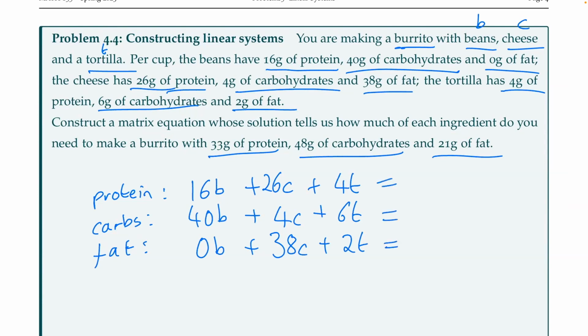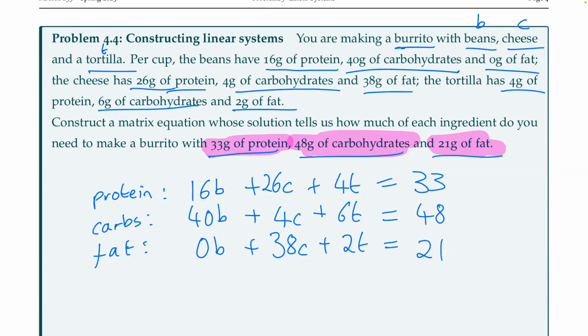And we want these to be a certain thing. So we're told here at the bottom that we want 33 grams of protein, 48 grams of carbs, and 21 grams of fat. So we want this top row to be 33, the middle to be 48, and the bottom to be 21.